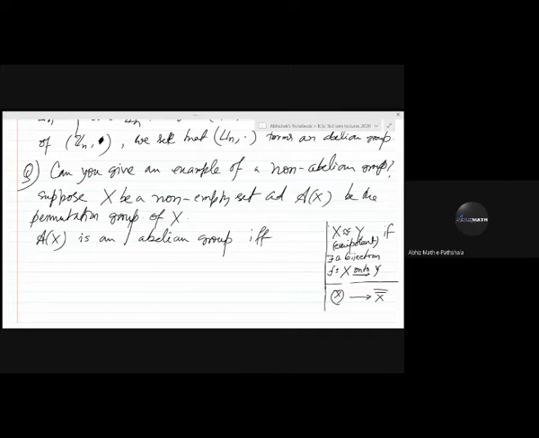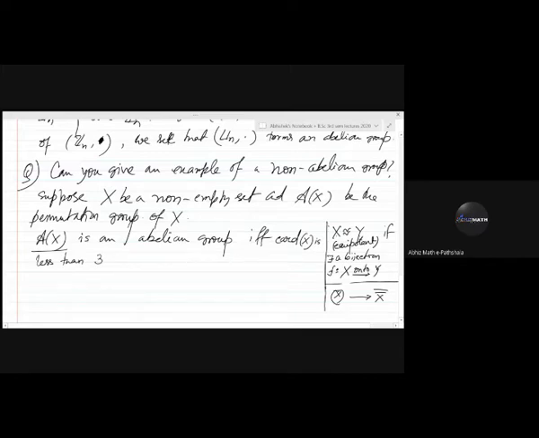Okay, so our result is that this permutation group will form an abelian group if and only if the cardinality of X is less than 3.